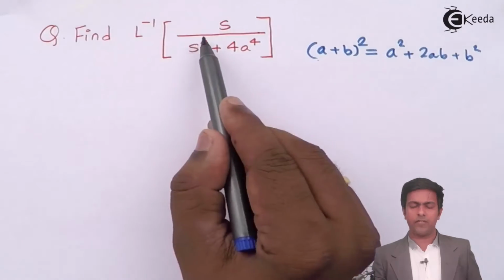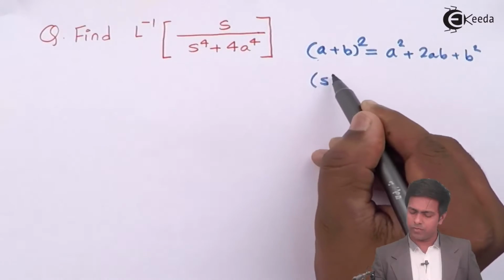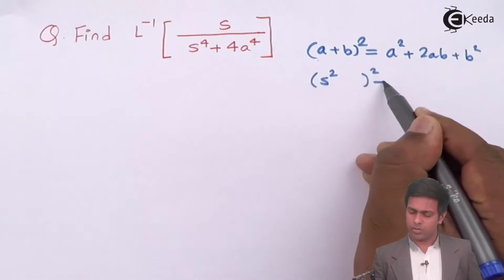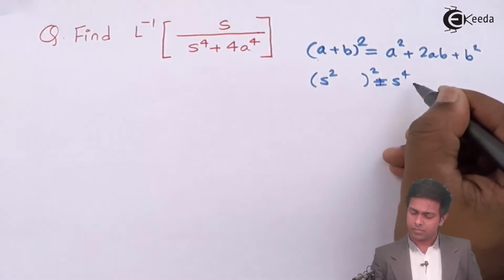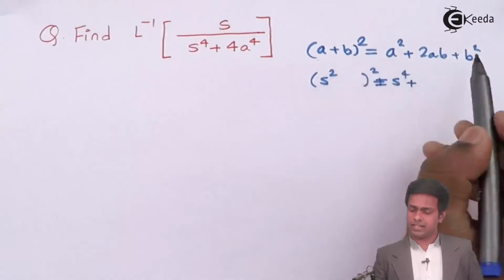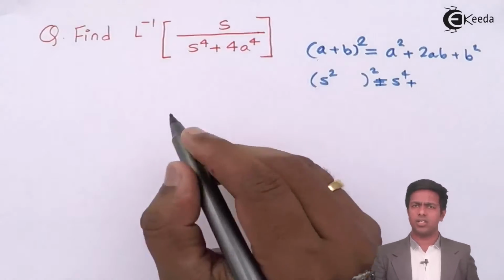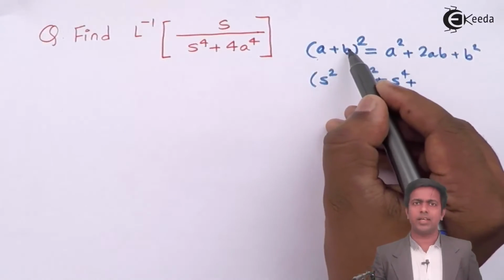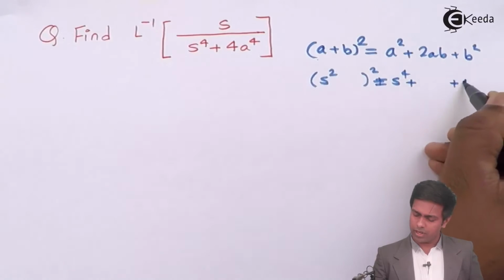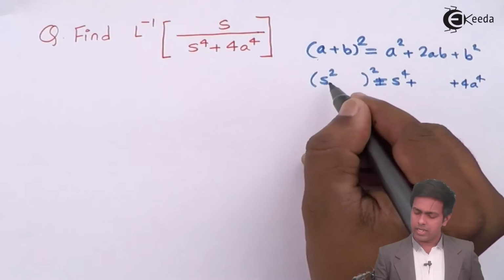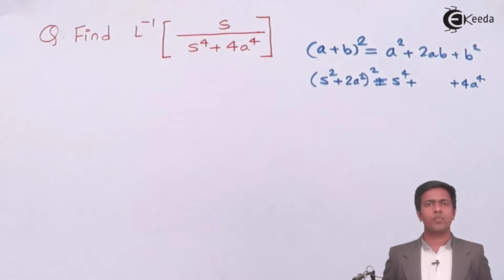If my first term is s raised to 4, then in the bracket my first term will be s square. Next, the last term is 4a to the power 4, a constant, so the second term is the square root of this last term, which is 2a square.